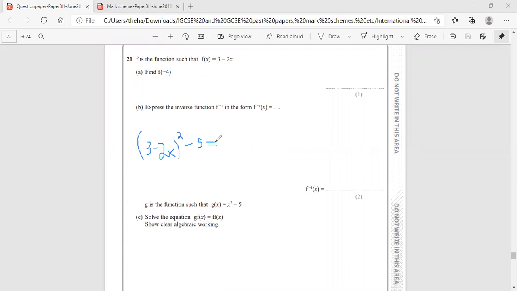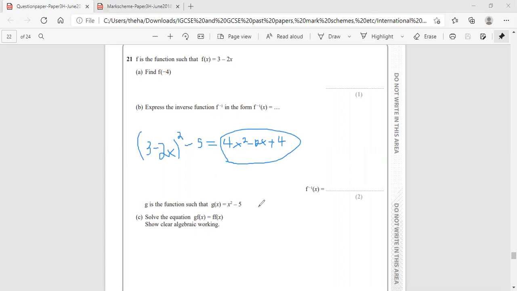So expanding that fully and then simplifying, I'm just going to give this to us because we're running out of time. That gives us 4x squared minus 12x plus 4, okay? So that is g(f) of x. Basically we're just expanding this like a normal quadratic, and then we've got the -5 in addition. So that's 4x squared minus 12x plus 4. And we do the same process for ff of x.